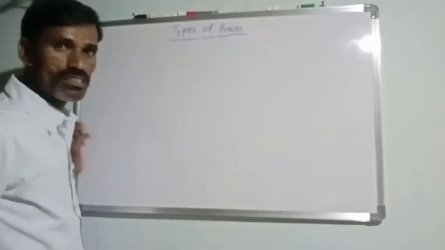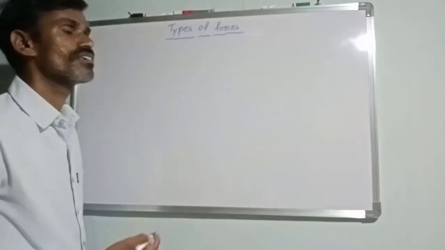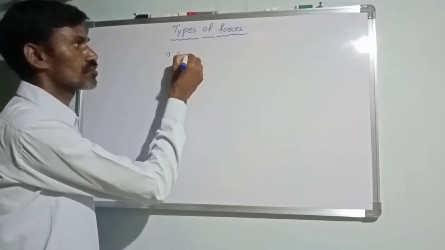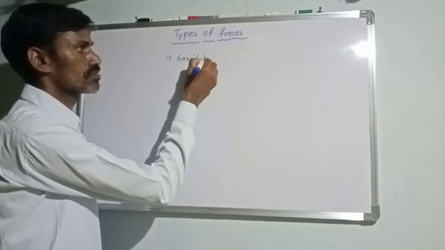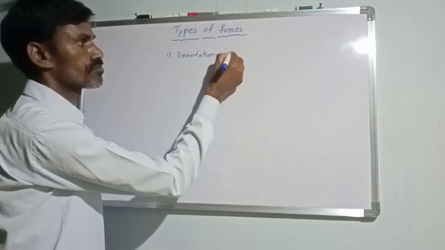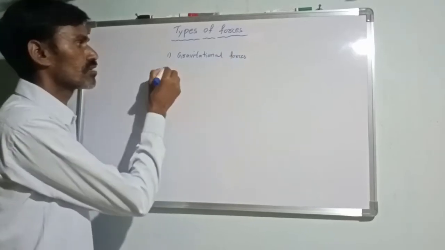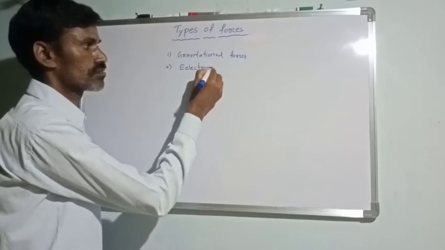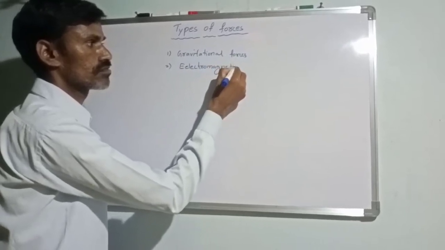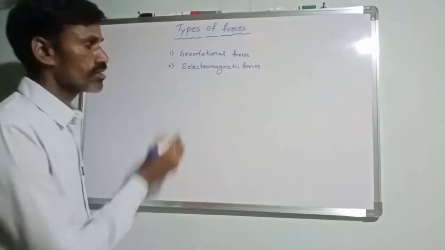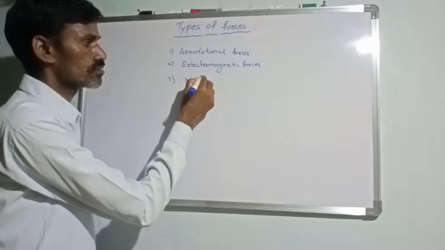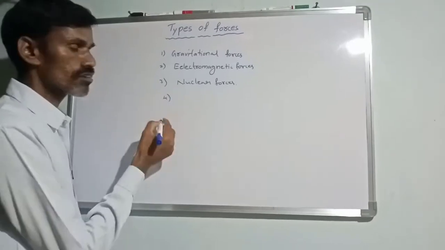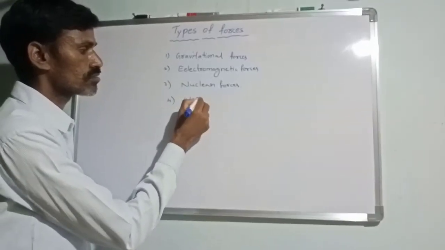Generally, in our first lesson we discussed that there are four fundamental forces. One is gravitational forces, the second is electromagnetic forces, the third is nuclear forces, and the last is weak interaction forces.